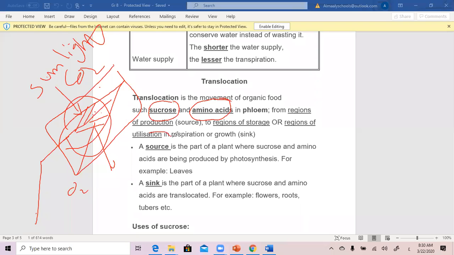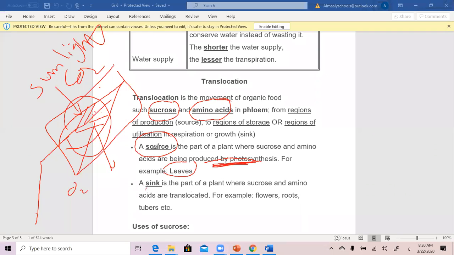The source is the part of the plant where sucrose and the amino acid are being produced by photosynthesis. That is the leaf here. But the sink is the part of a plant where sucrose and the amino acid are translocated. For example, flowers, roots, tubers, and so on.